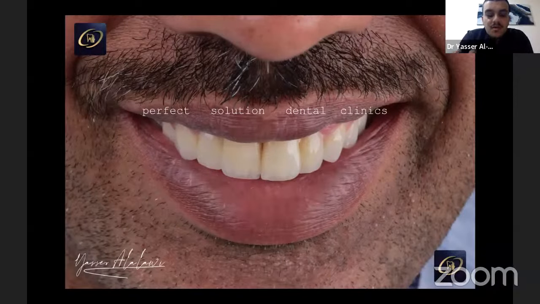The patient was educated and returned to me, and he applied my words 100%, and in the end he got a healthy, natural, beautiful smile makeover. And this is the photo after 3 months of follow-up after the case delivery.